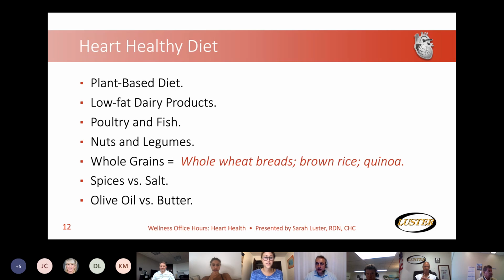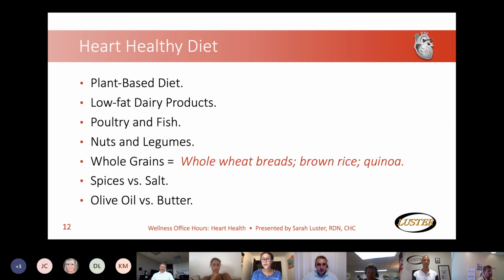And so the heart healthy diet is basically a plant-based diet. As I said before, red meat and animal protein are going to have a lot of saturated fat. It's also going to have a lot of sodium. And so that is really going to increase your risk of heart disease if you're consuming a really heavy meat, animal protein diet.